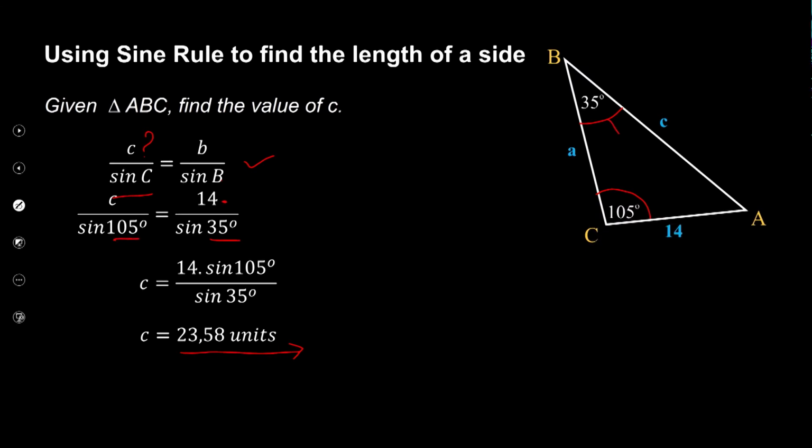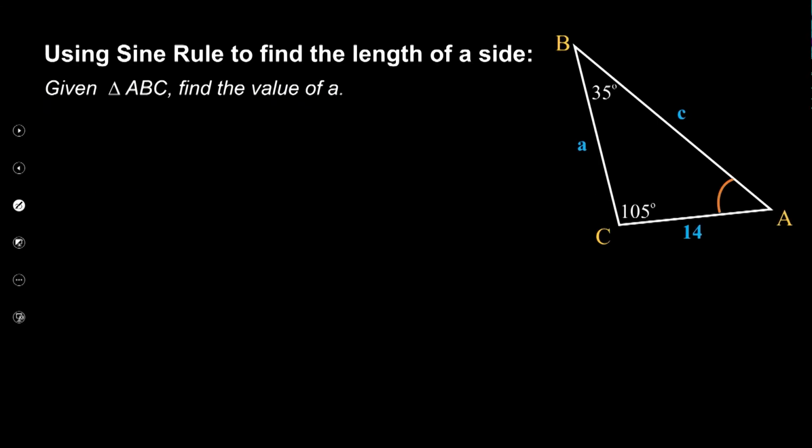So the side across this, we expect to have a smaller value than the side across this. In other words, we expect C to be bigger in value than 14. And if you look at our answer, C is quite a bit bigger than 14. It's almost 24 units. So that's how we check to see if our answers make sense in the context of a diagram. You don't need to do this, but it's a useful tool to check.